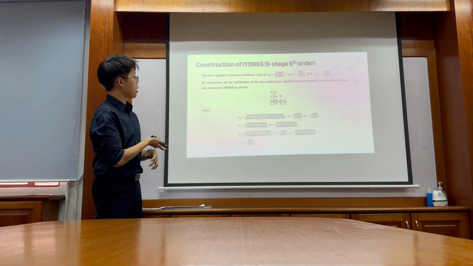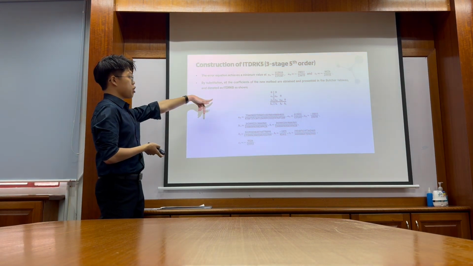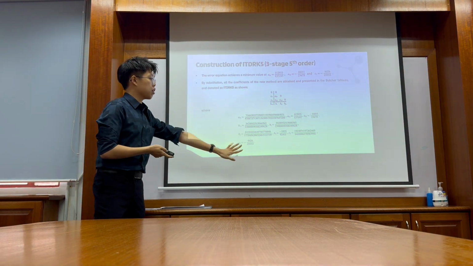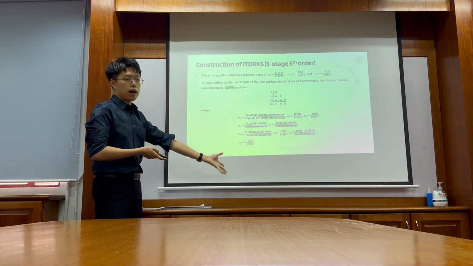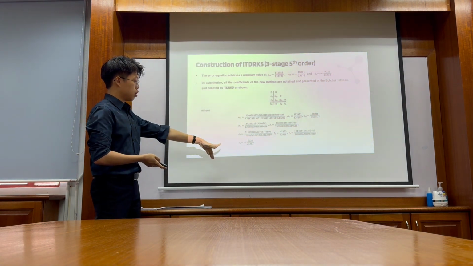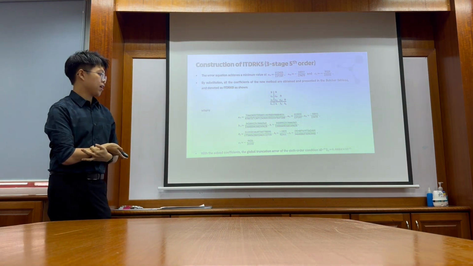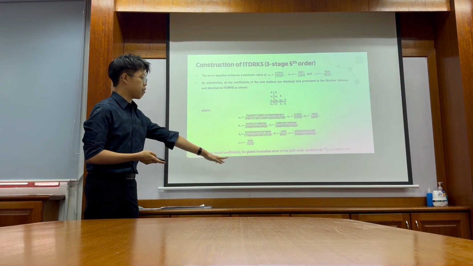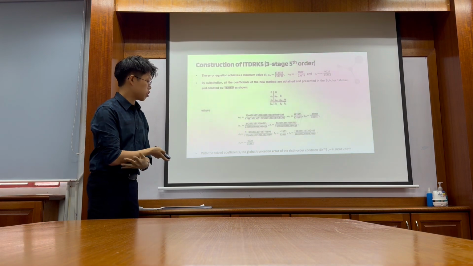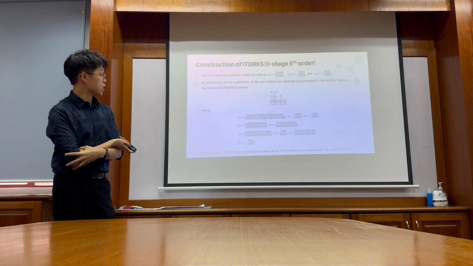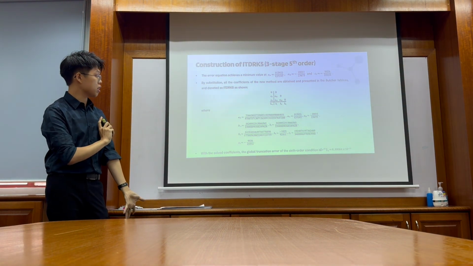From there, we get the error equation with the minimum value at these particular values. So we substitute it back into the solution just now, so we can get all the coefficients. And similarly, we put it back into the error norm to get the global truncation error. So this is the construction of my methods.